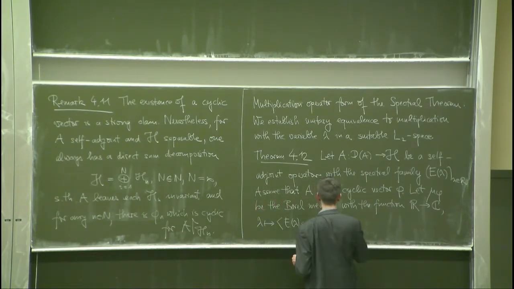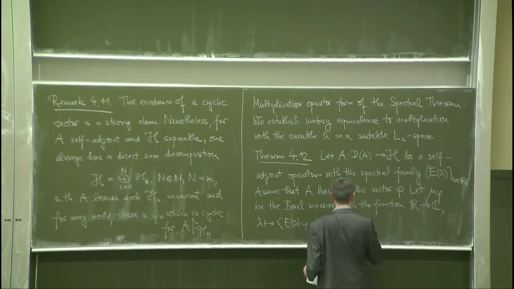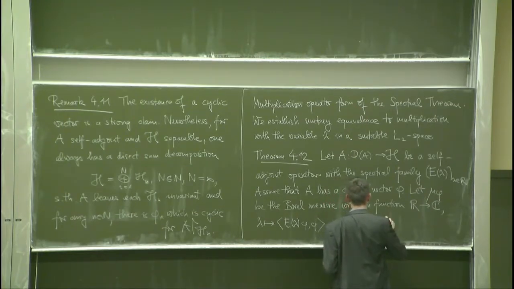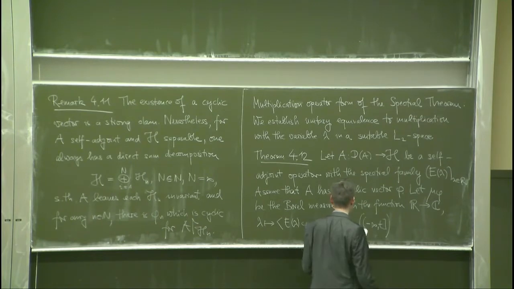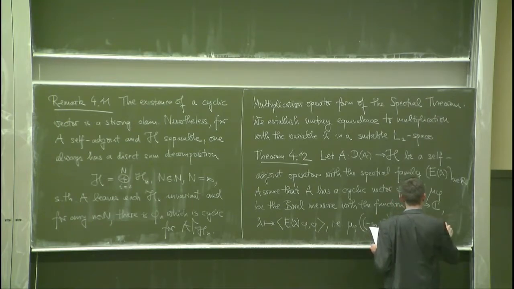This means that concerning this measure, mu_phi, it acts on sets from minus infinity to t, let's say, in the sense that this is simply the scalar product of E(t) phi and phi for t in R.